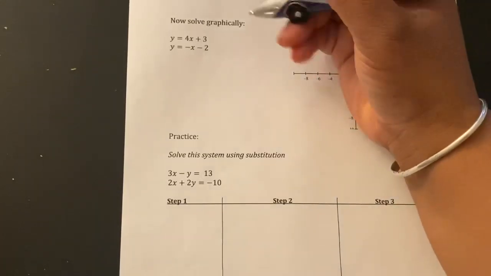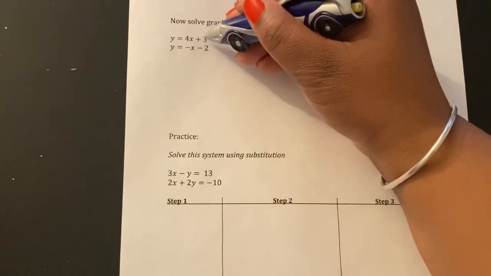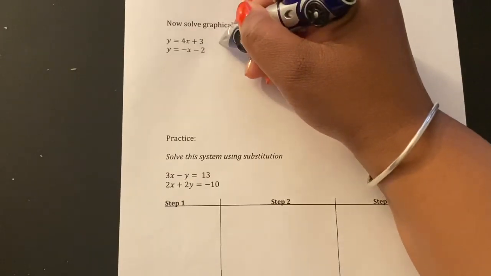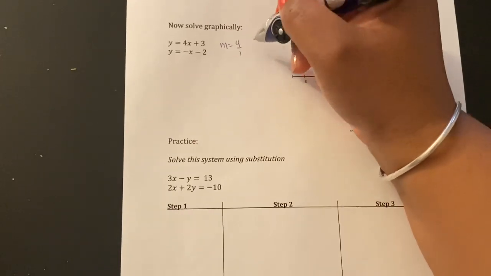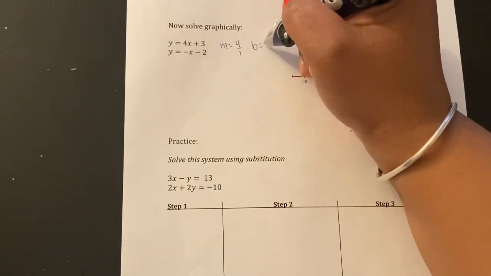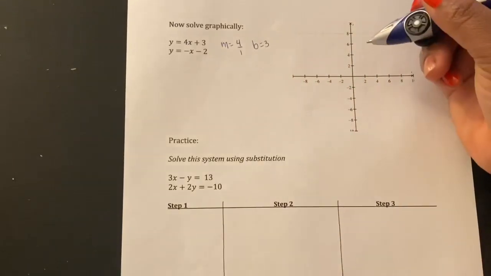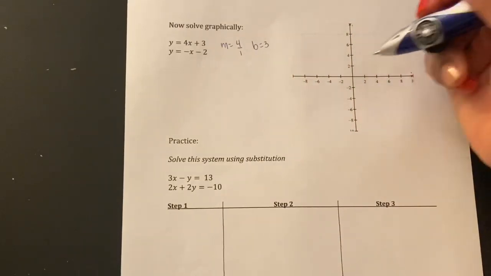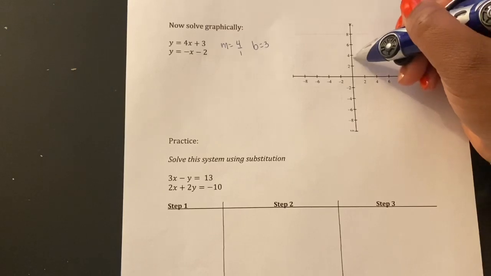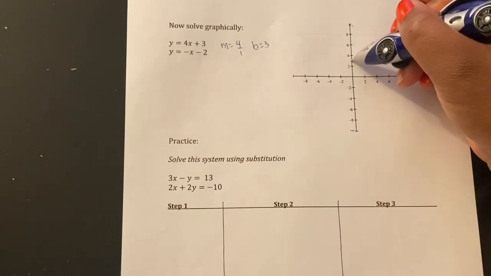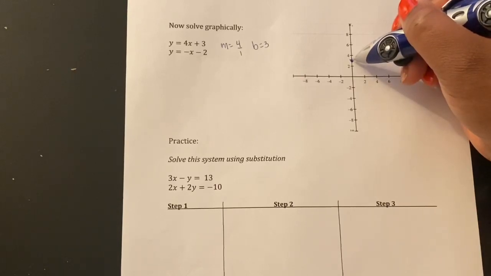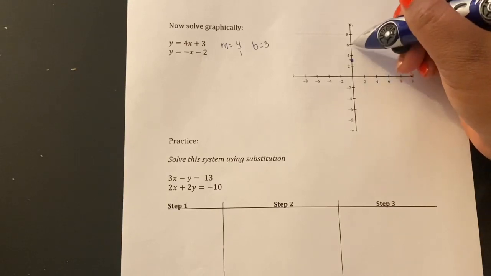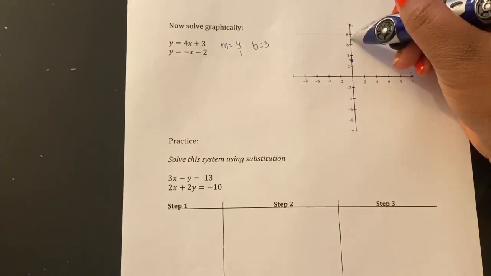So let's look. y equals 4x plus 3. My slope here is 4 over 1, and my y-intercept is 3. I'm going to start with my y-intercept, and you guys already know how to do this. I'm going to go to 3, and go up 4 and over 1, because the slope is positive 4 over positive 1.